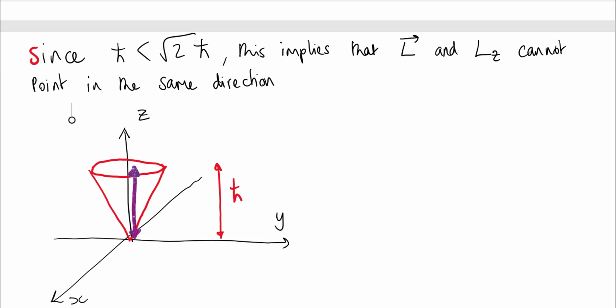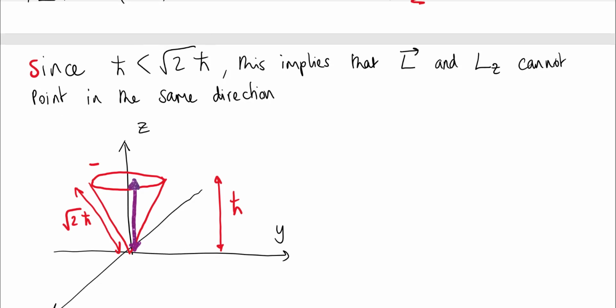We've also got the magnitude of this angular momentum, which is square root 2 h bar. And at the top here, this is sort of Pythagorean theorem, so the width of this cone is also going to be h bar.